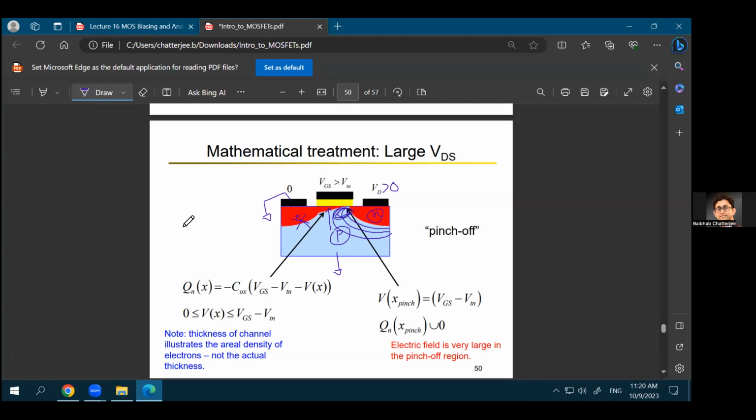So eventually, instead of the source, drain regions and a constant channel in between, your channel will start looking like a triangular channel. Near the drain, because you have a depletion region, the number of electrons present will be reduced. This is called pinch off, or pinching off the channel, as you apply more and more drain voltage, your VDS is more.